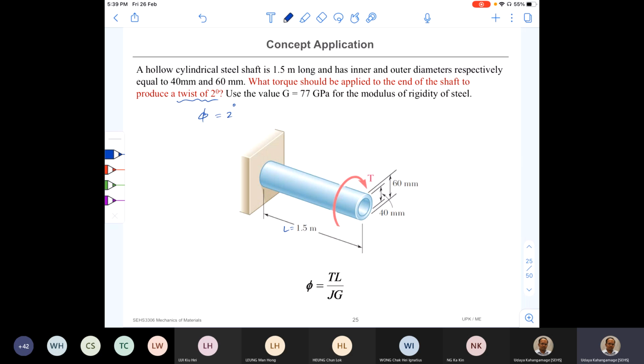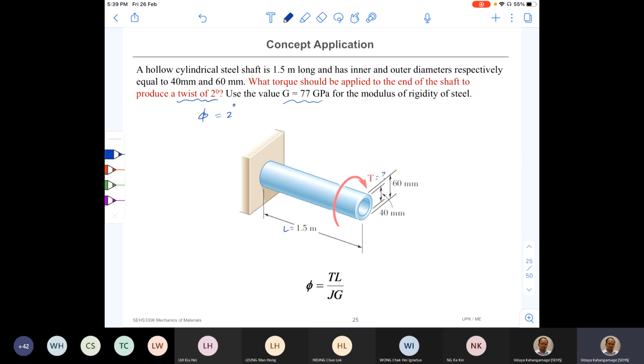It is given in degrees, but remember previously I mentioned that angle of twist is measured in radians. In the equation, we need to substitute that in radians. G is given as 77 gigapascal. So what we need to find out is the torque that creates an angle of twist of 2 degrees.